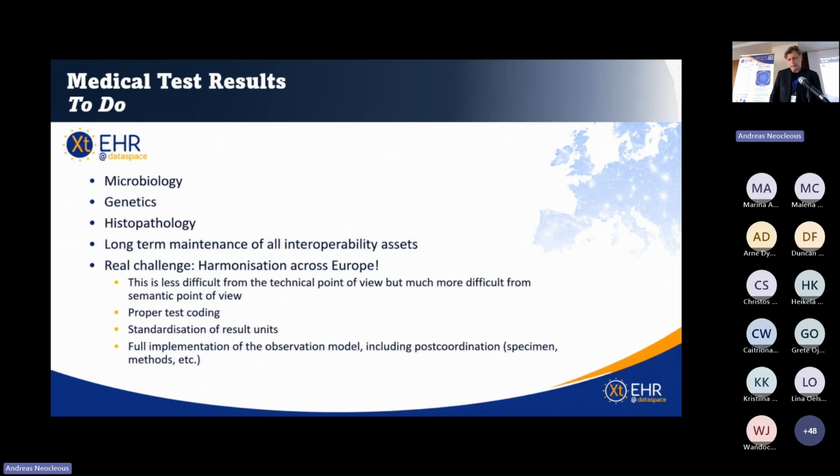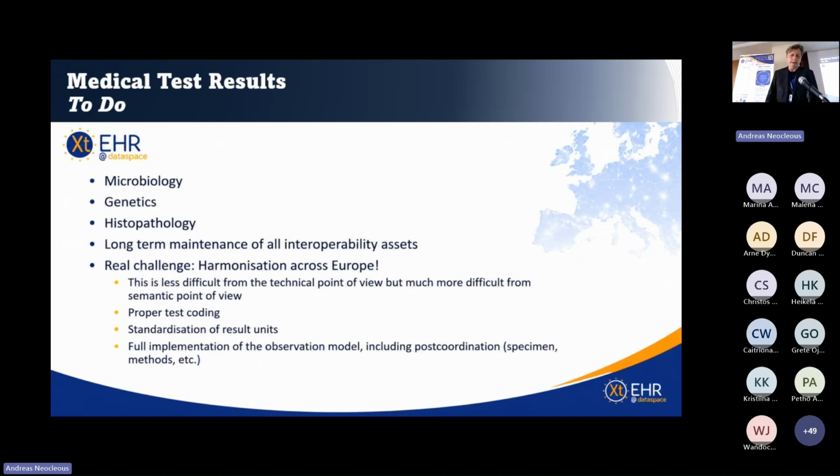Another area which we have not yet touched is the laboratory of genetics, which we will partly cover in the microbiology part, but human genetics is still open. The reason is simple: we didn't have enough expertise in that area, and from the international point of view, the standardization does not yet reach the level that we can just reuse.